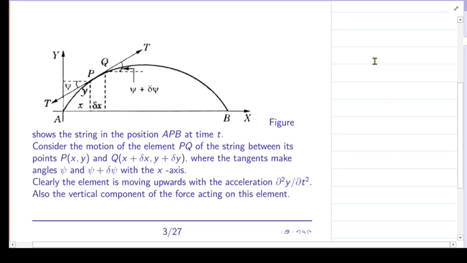Suppose that the distance between P and Q is delta x.